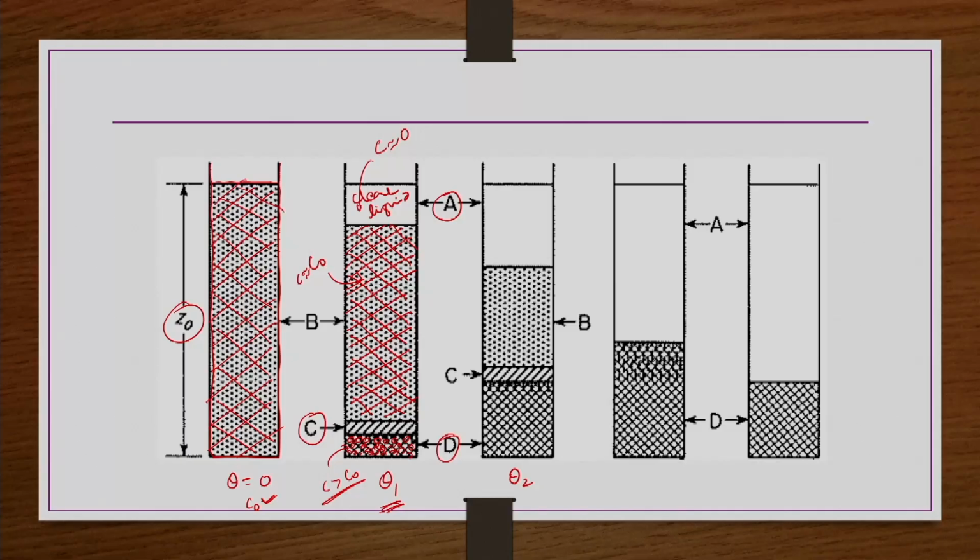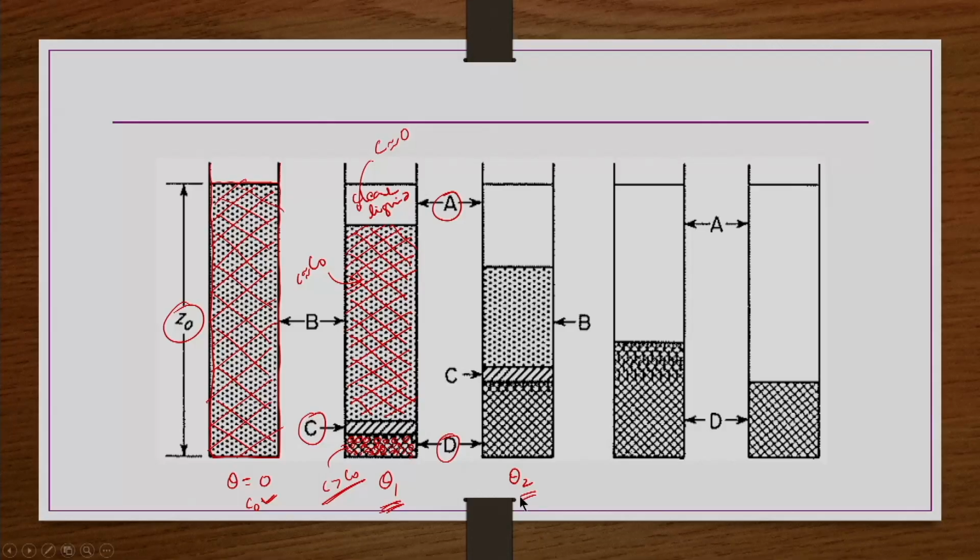B zone has a concentration similar to the initial one. The interface between A and B zones is very clear at this point of time, but the interface between B and C zones is not very distinguishable.